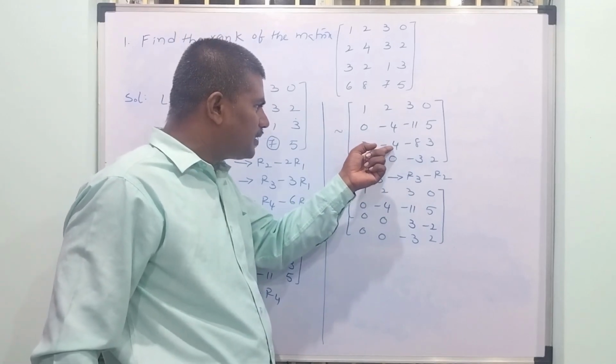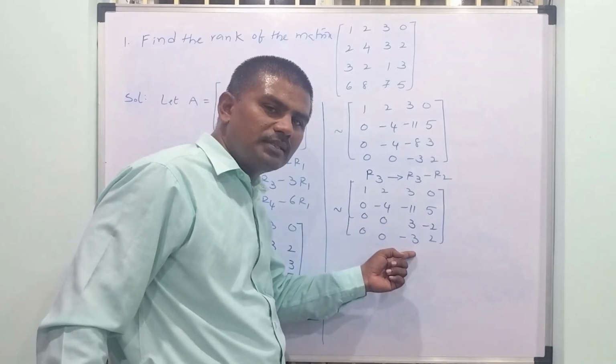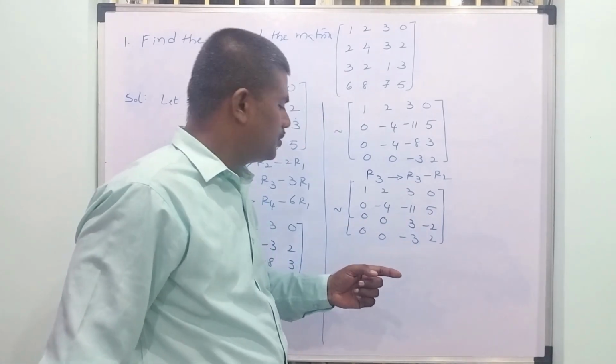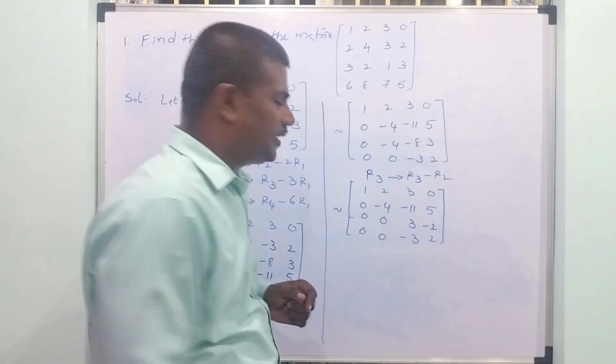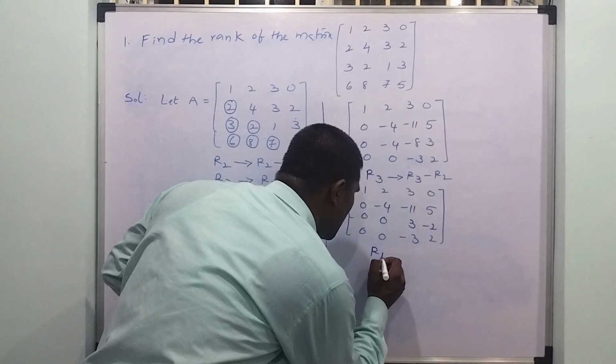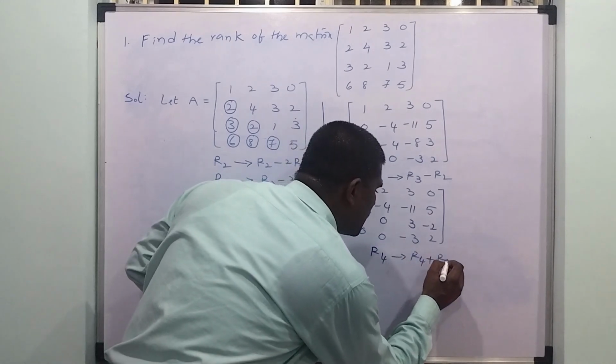Now simply use this element and make this one as 0. That means R4 tends to R4 plus R3.